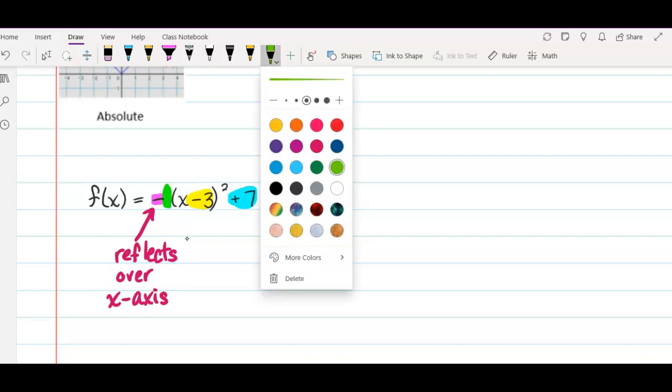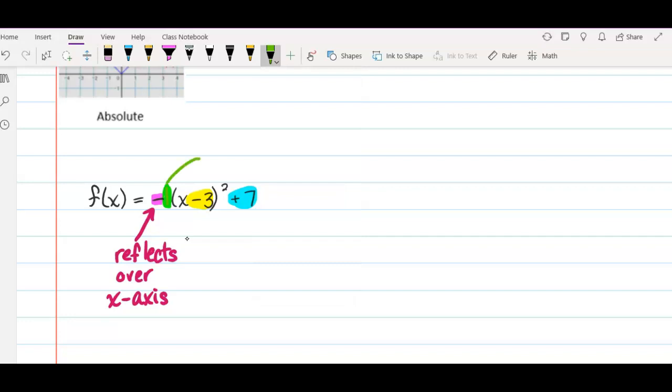This green number right here, you can't even see it, it's just the number 1. So that has no effect, no change. If it were bigger than 1, it would stretch. If it was less than 1 but greater than 0, it would compress. This means that we move 3 units.